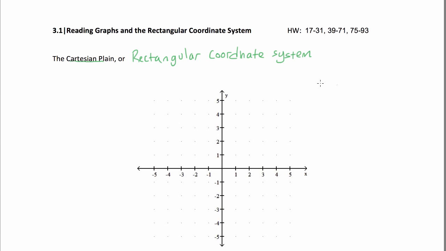It is a connection between algebra and geometry.